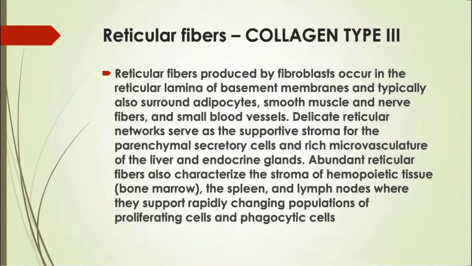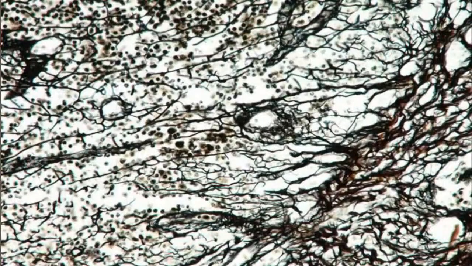What about reticular fibers? Reticular fibers are collagen type 3, we discussed that. But reticular fibers form the meshwork of stroma for hematopoietic organs, ordinarily. And this is reticular connective tissue, which is very well identified in the stroma of lymph nodes.